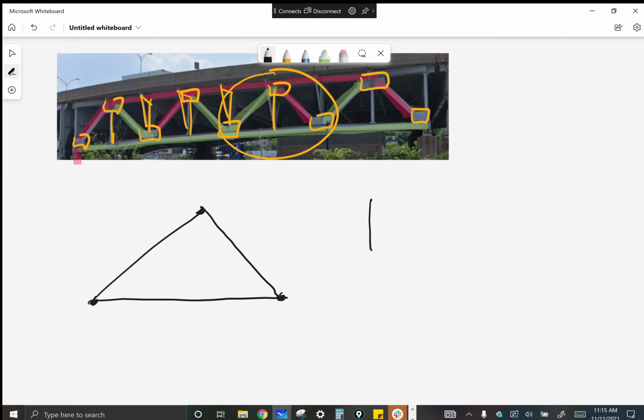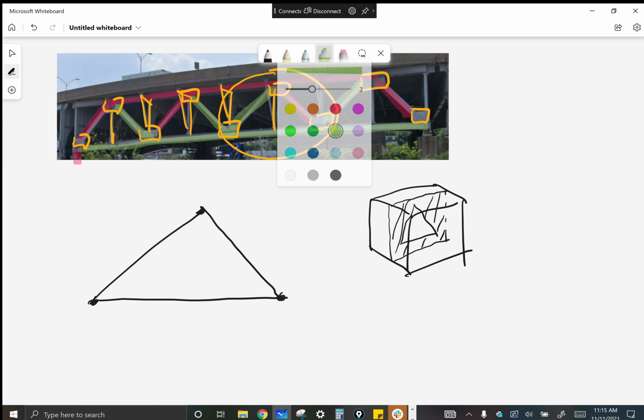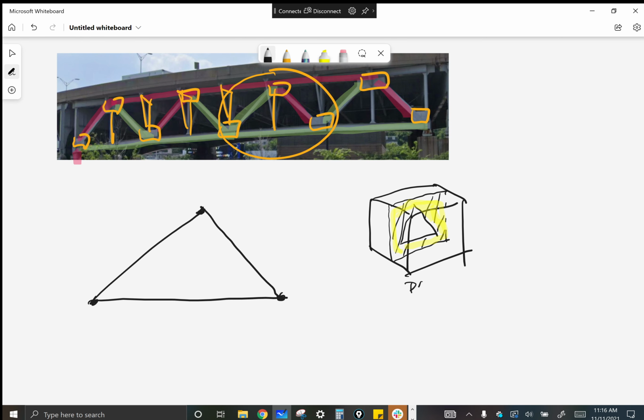And the first thing, the planar part of it: let's imagine this is the universe, this box here. And there's a plane that we are going to constrain our truss to. Maybe I'll give it a color. So that's the planar part of simple planar truss theory.